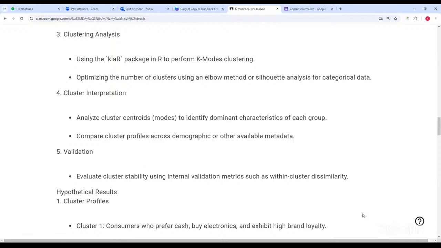Cluster interpretation: analyze cluster centroids, the modes, to identify dominant characteristics of each group. Compare cluster profiles across demographic or other variable metadata.